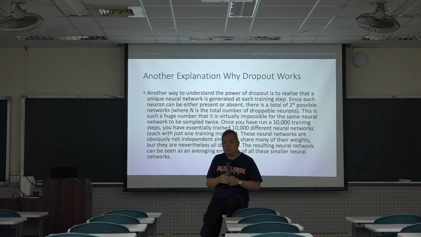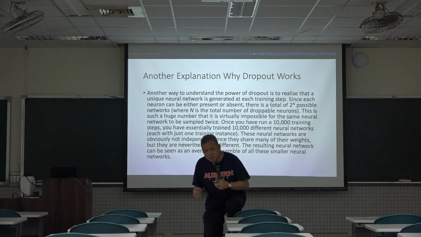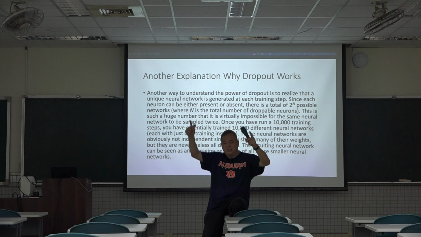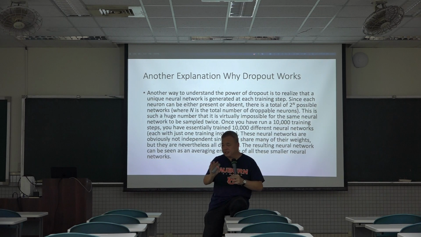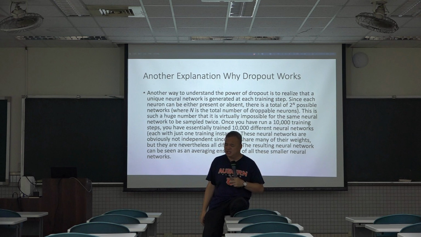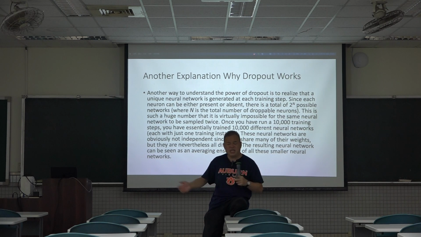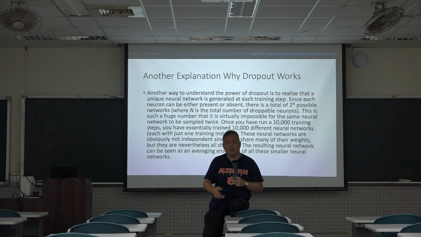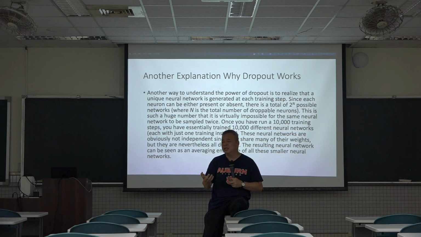And the chance for 2 exactly the same neural networks to get trained in 2 different iterations is very rare, because at most you probably only train the neural network for 1,000 iterations, or 10,000 iterations, compared to 2 to the power of 500.